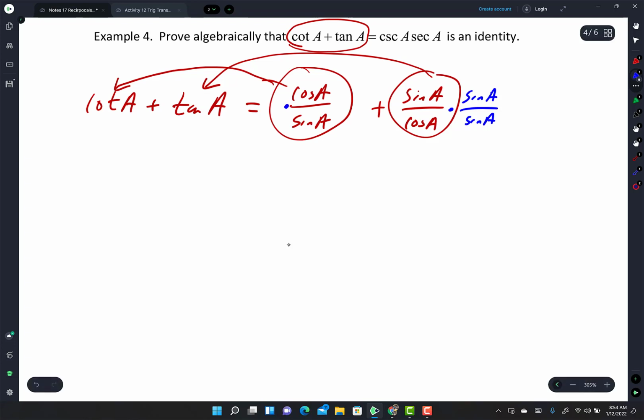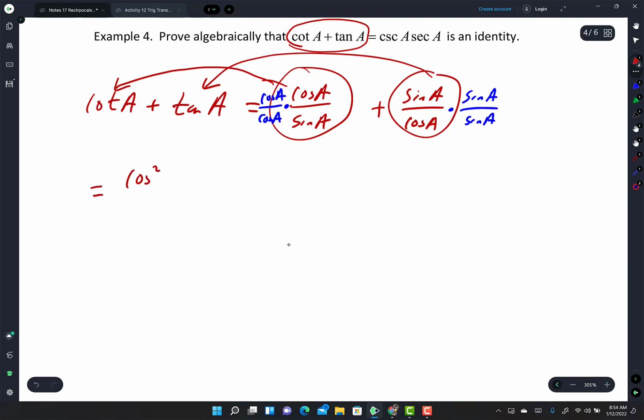On the left-hand side, I'm going to multiply that by cosine A over cosine A. And I'll wait for you guys. Are we okay? Put in there that you're finding common denominator if you don't have colored pencils. So now you're going to have this.